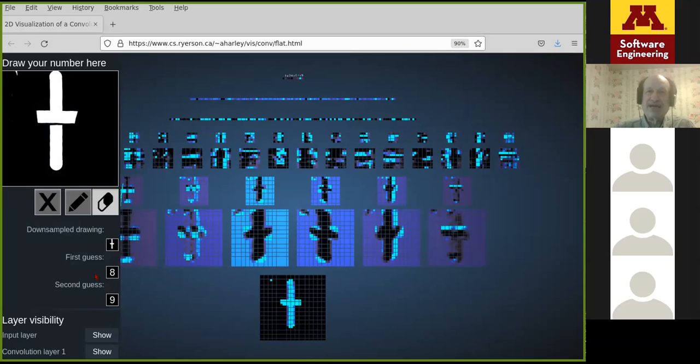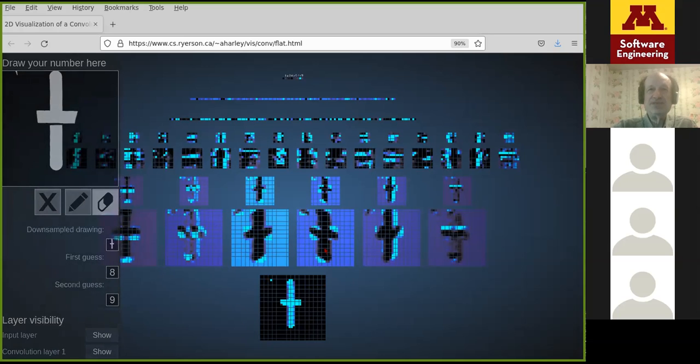You can backtrack and figure out what it was about the input that gave you that classification. Whereas here, it's going through all sorts of mishmash with these layers, and you have no idea what in this thing is making it think that it's an 8.